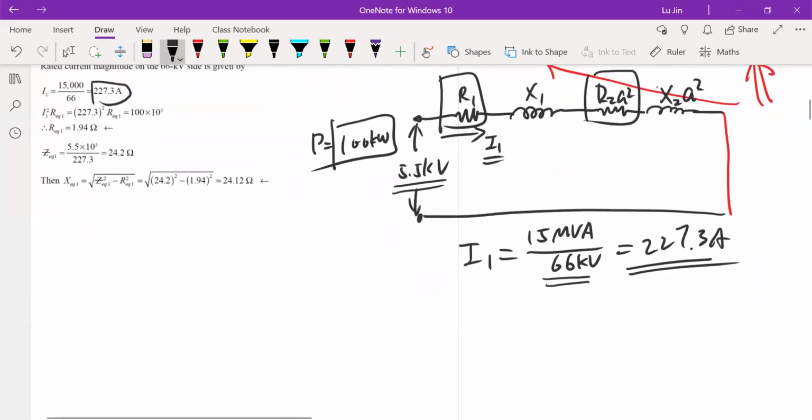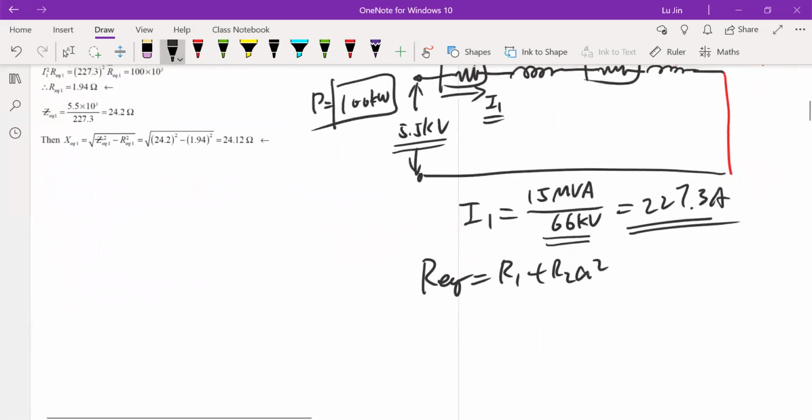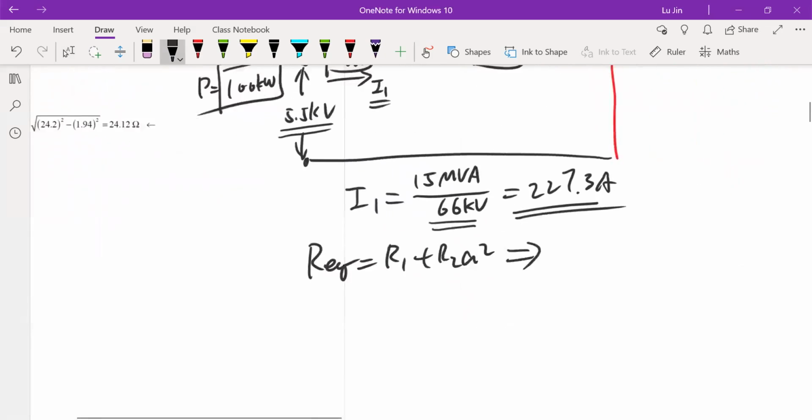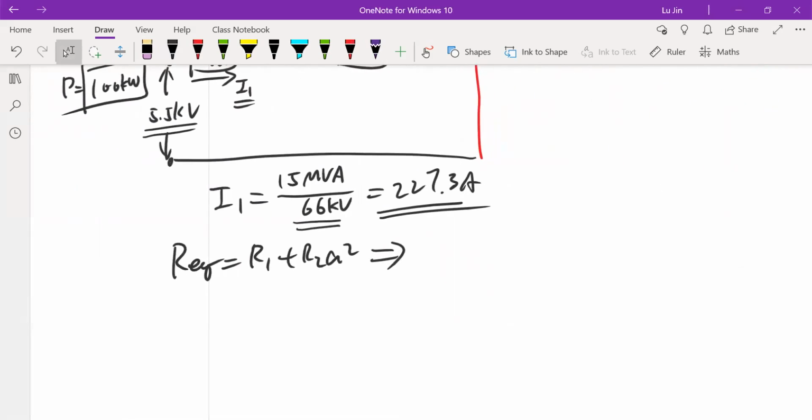Okay, so we say the equivalent resistance is equal to R1 plus R2 a squared. The real power consumed by these two things is equal to I1 squared times REQ.